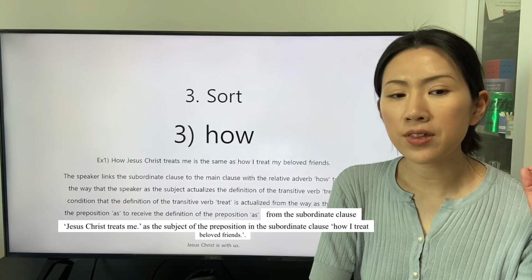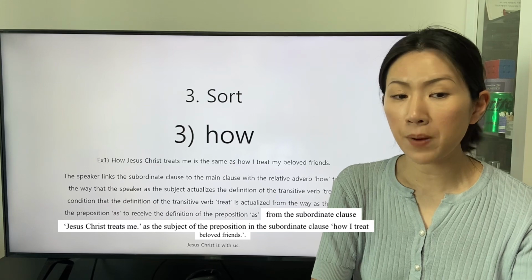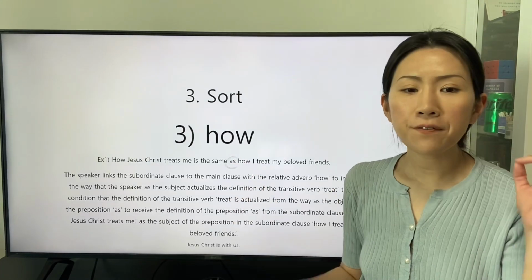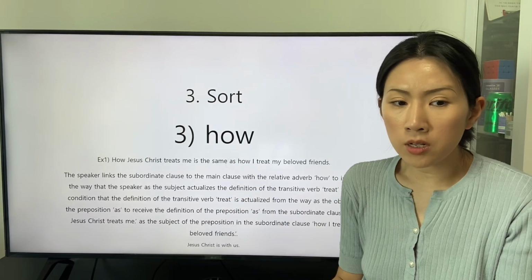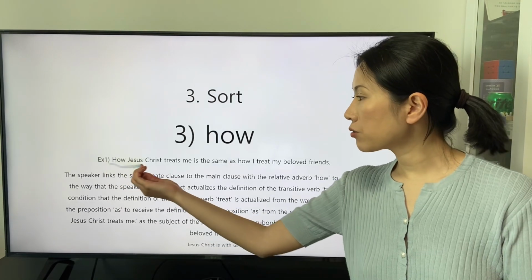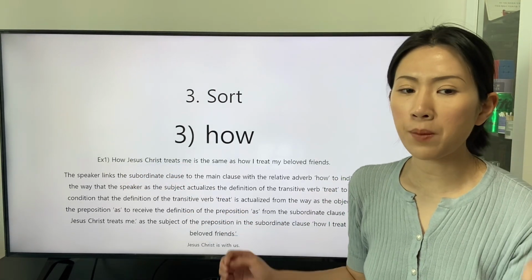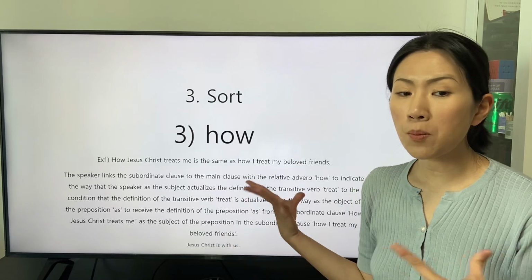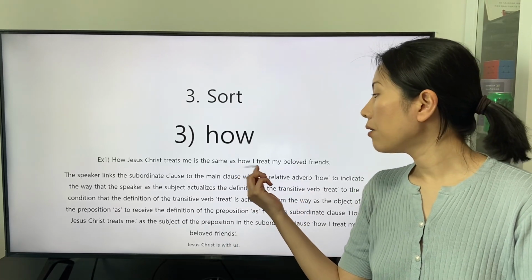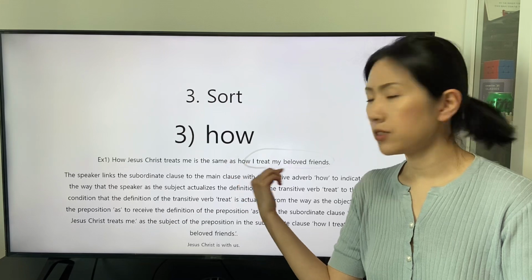To receive the definition of the preposition as from the subordinate clause, how Jesus Christ treats me, as the subject of the preposition as. In the subordinate clause, how I treat my beloved friend.